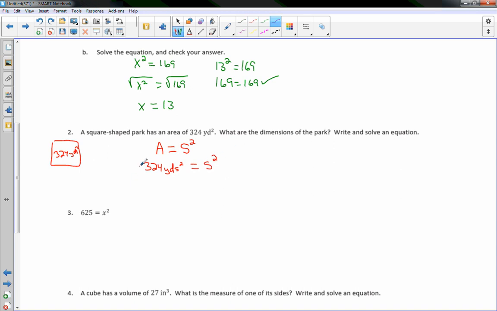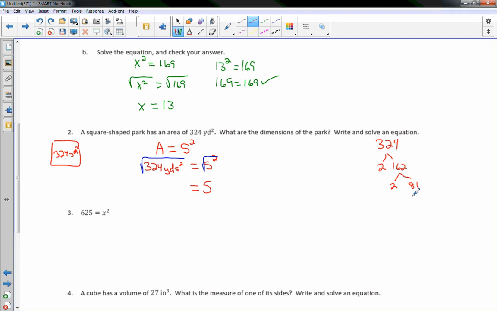So I'm going to take the square root of both sides. And when I do that, the squared and the square root cancel, and I'm left with s. The square root of 324, if I come over here and do my factor tree, 2, 162, 2, 81.